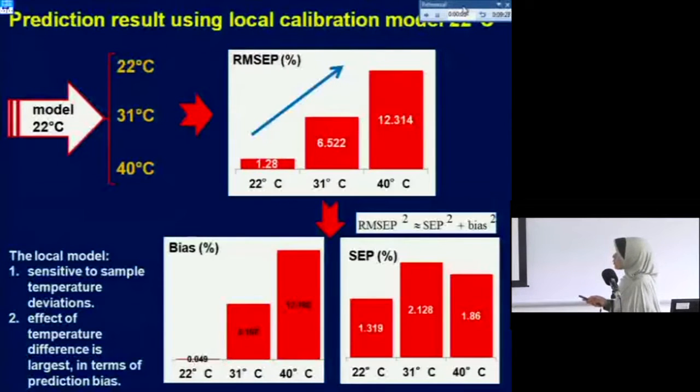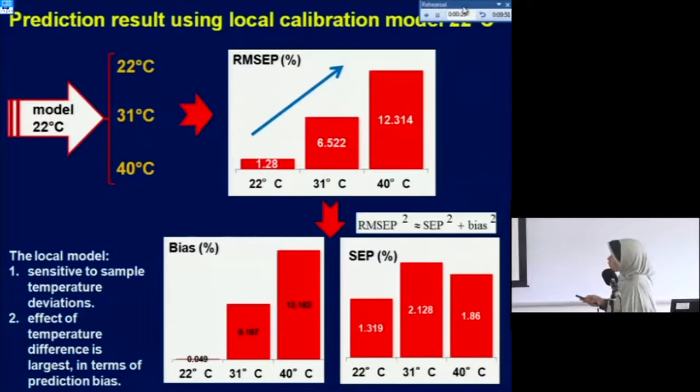Then the performance of the local calibration models was evaluated in the prediction step. First, using local calibration at 22 degrees Celsius, we can see that the total error of prediction gradually increases with increasing temperature.